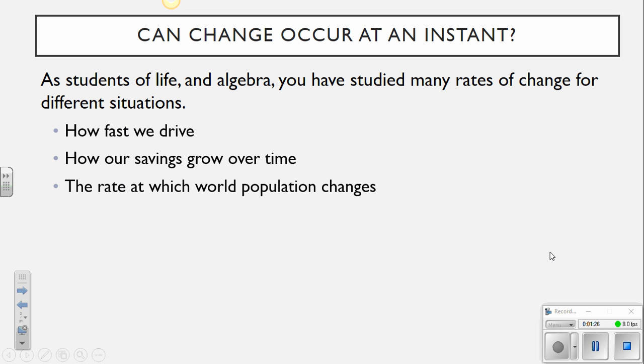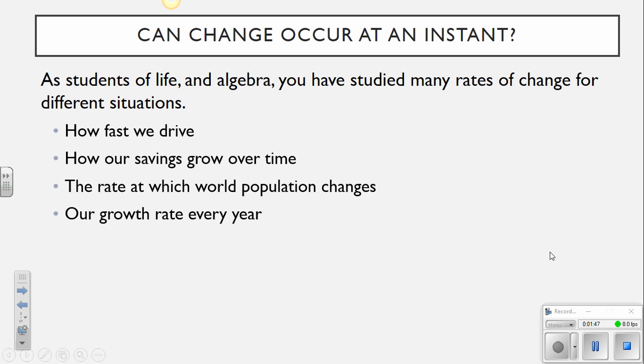The rate at which the world population changes. I don't know if you know this, but the rate at which the population grows is exponential. So that's grown at a specific rate. The number of people over months, years, days, whatever time unit you want, but that's a rate.